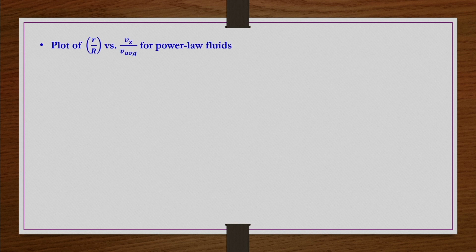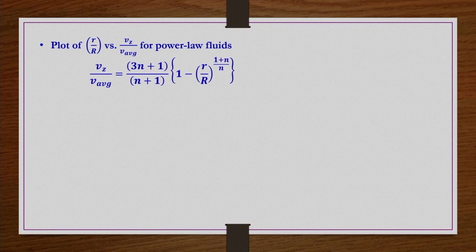For that we are plotting r by R versus Vz by V average. Vz by V average, equation number 10 that we just had, is (3n plus 1) by (n plus 1) multiplied by 1 minus (r by R) whole power (n plus 1) by n.